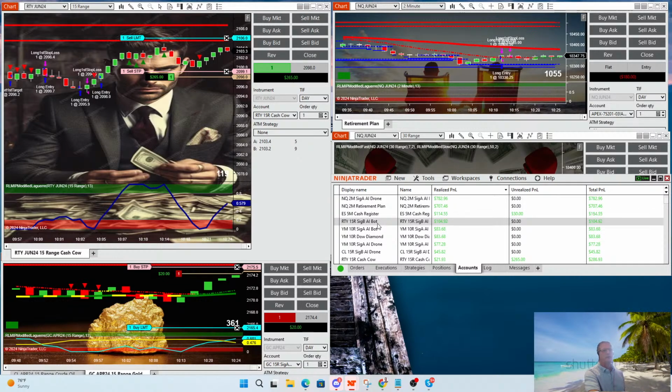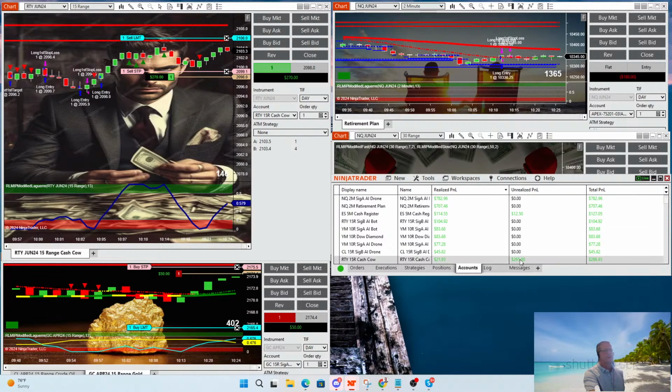And then the Russell. This Signal B. It's actually this one. It's this cash cow strategy that it's in now.